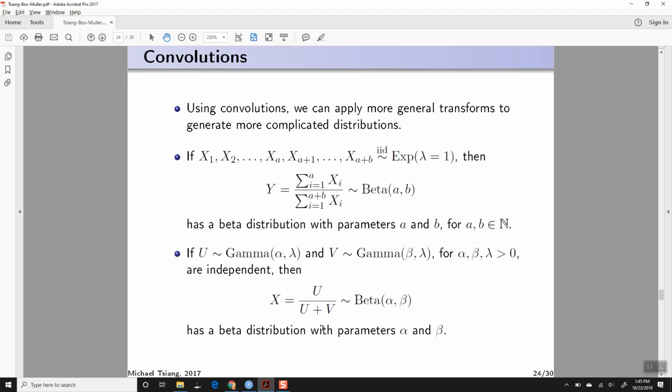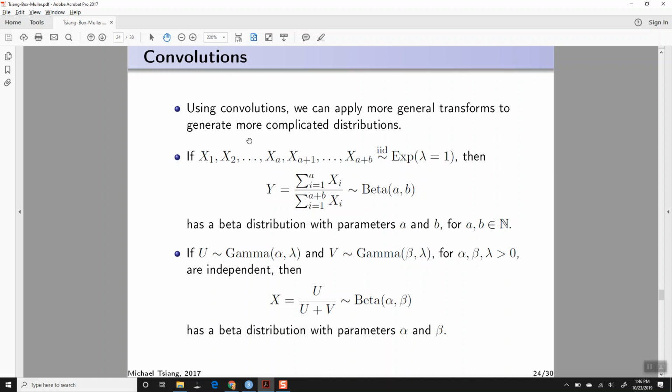Okay, and then things get even more complex, right? So the beta distribution can actually be written as the sum of a bunch of exponential things. And so here, notice how we do this. You are generating a total of a plus b values from the exponential. Okay, and so you get 1 through a, and then a plus 1 through a plus b.